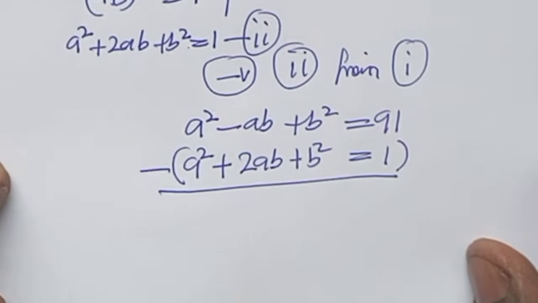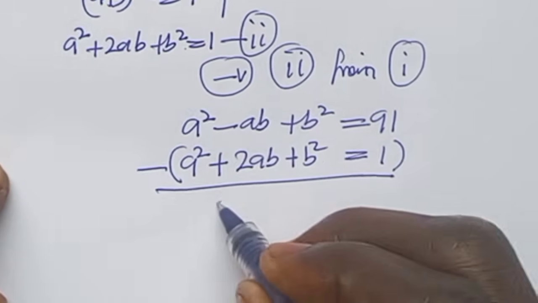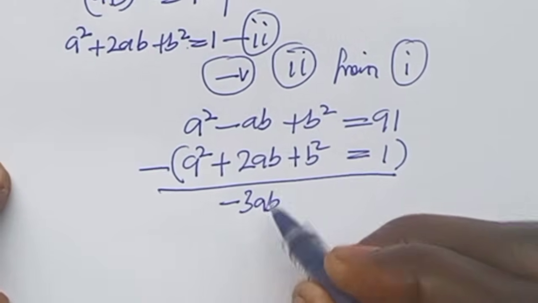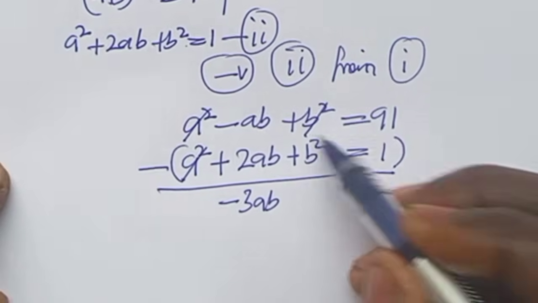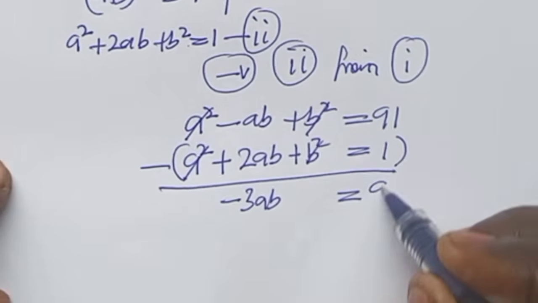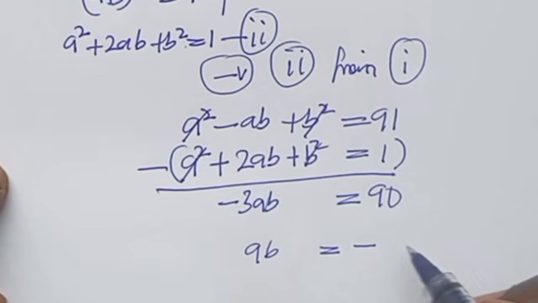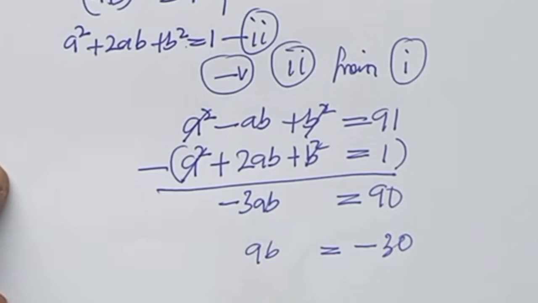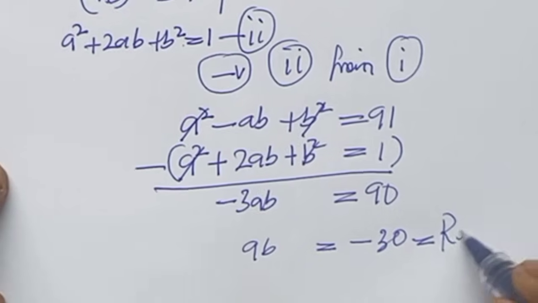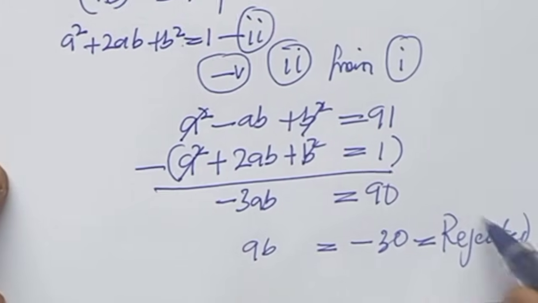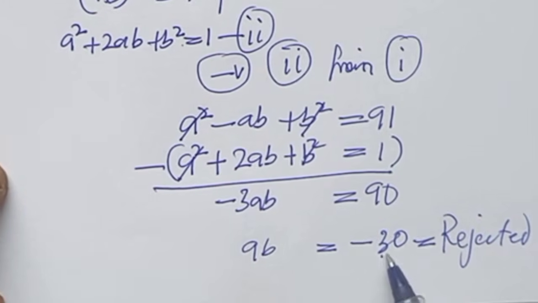And if we solve this system of equations, we end up having minus 3ab, because a squared and b squared will be cancelled out, equal to 90. So that ab will be equal to minus 30. And this will be rejected because it's not a positive integer.